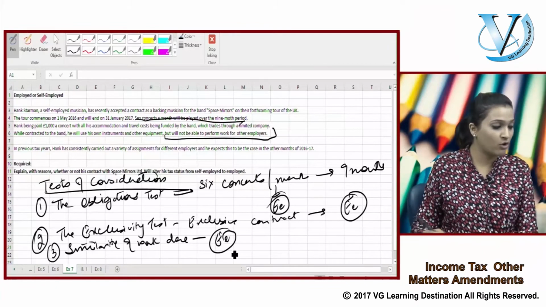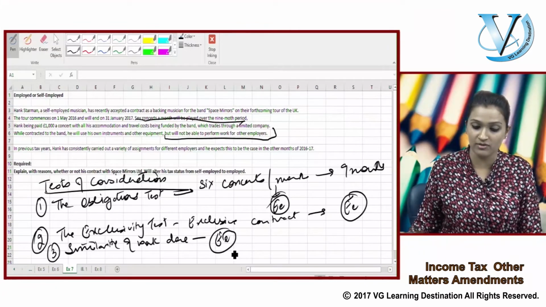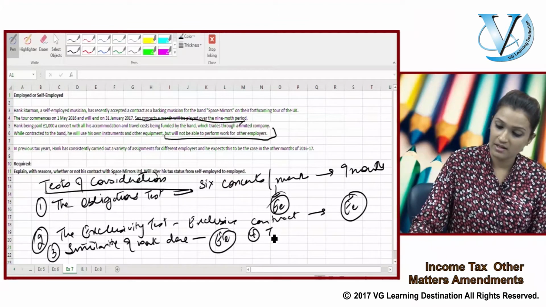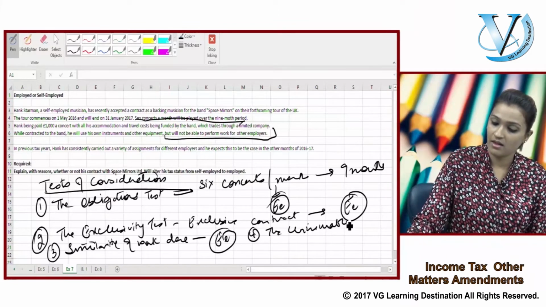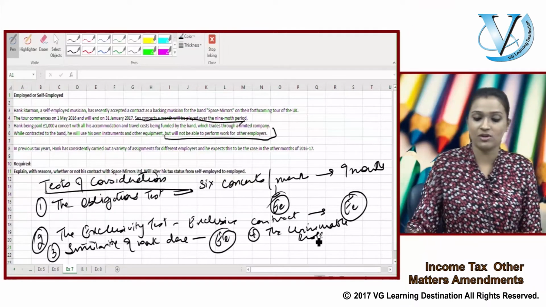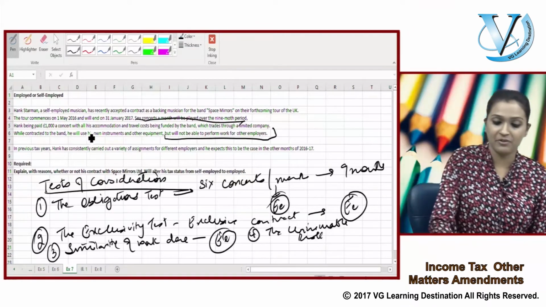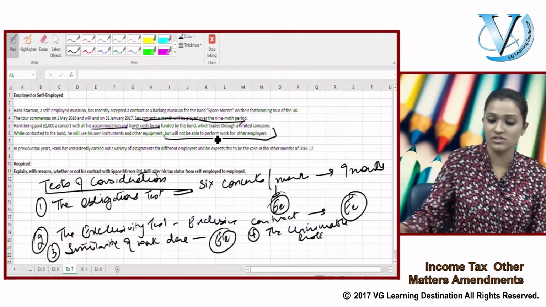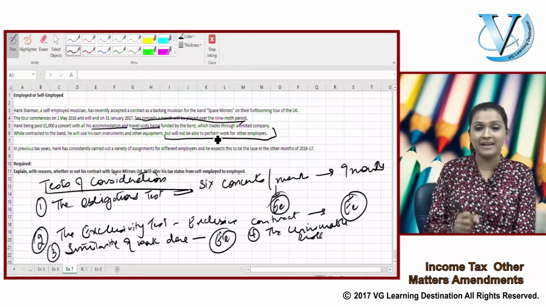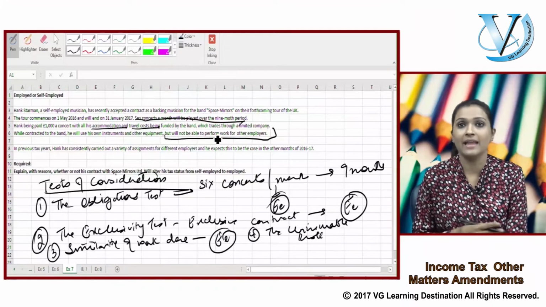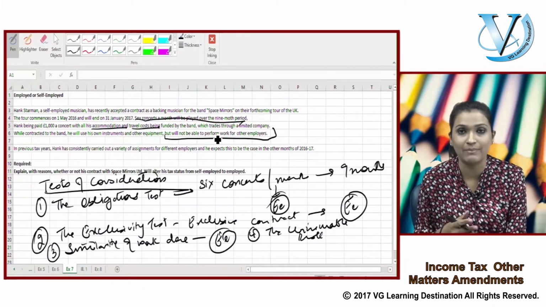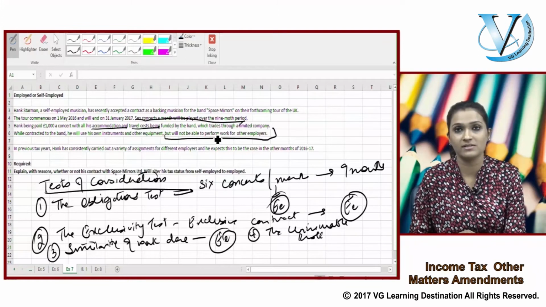What else? The fourth test being the uninsurable risks. Now the question also clearly tells us that the accommodation and travel cost is going to be funded by the band. So come tomorrow, supposing there is a natural calamity and the concert is not able to take place, who is going to bear the risk?